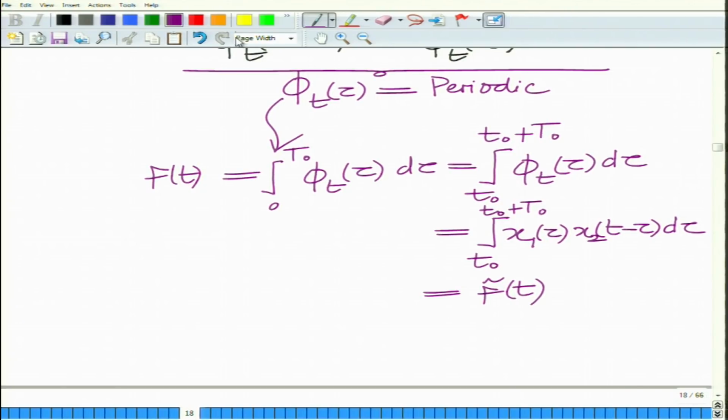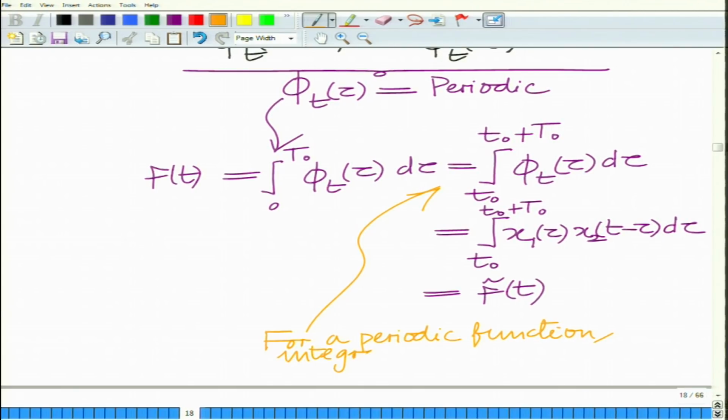Okay. And this follows because for a periodic function the integral over any period is the same.